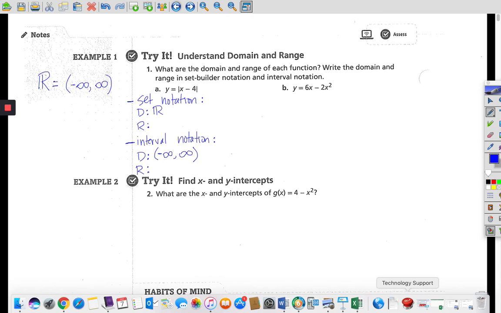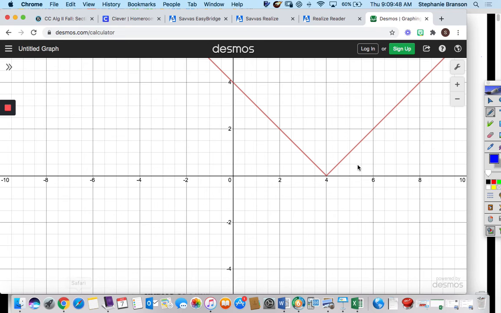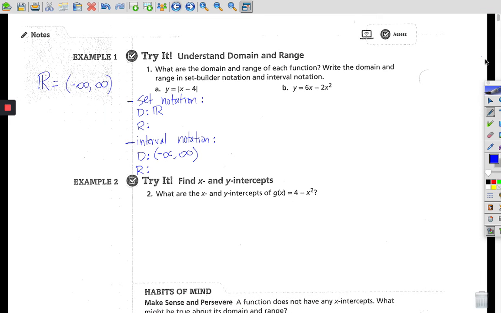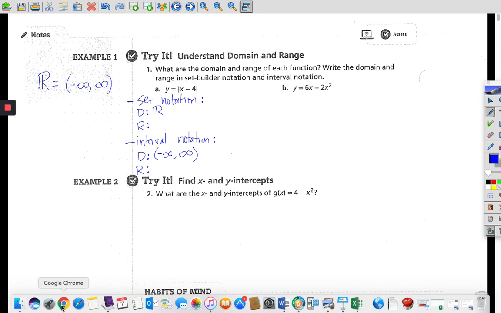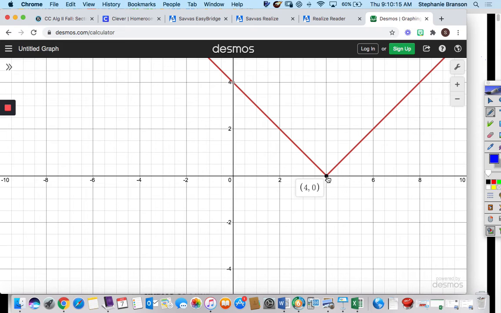Now let's go back and look at our graph. I look up and down to see my smallest y value. I don't have a y value until I get right here at the vertex. What is my y value of this vertex? The x value is 4, so that means your y value is 0. So if my y value is 0, guys, that means all of my y values, are they larger than 0 or are they smaller than 0?